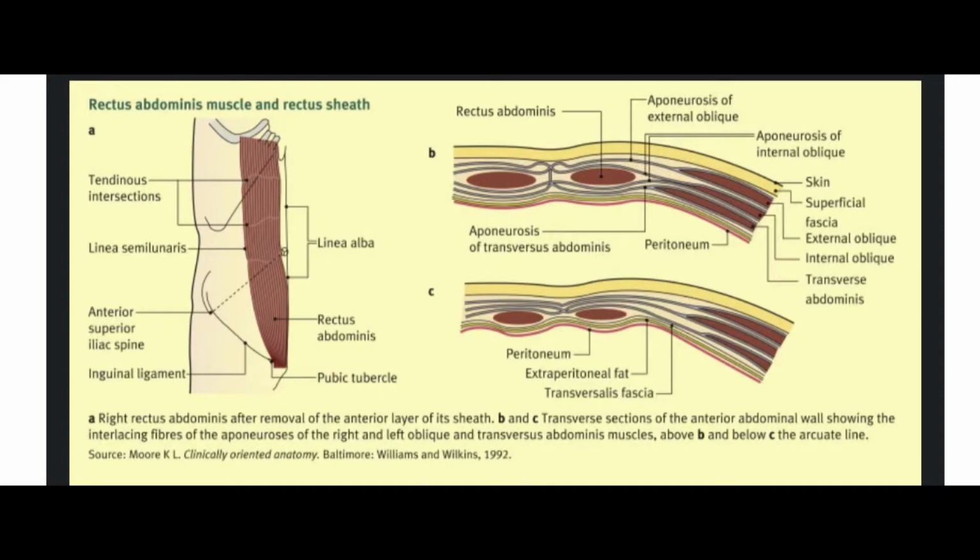At the Camper's fascia, it is where we can find the superficial epigastric vessels, so it's often used as a marker for identifying the superficial epigastric vessels. This is because it is located between the Scarpa's fascia and the Camper's fascia.